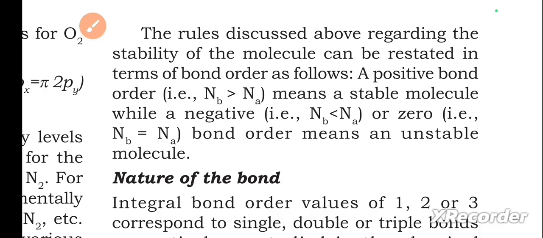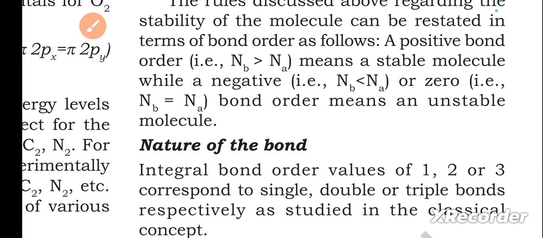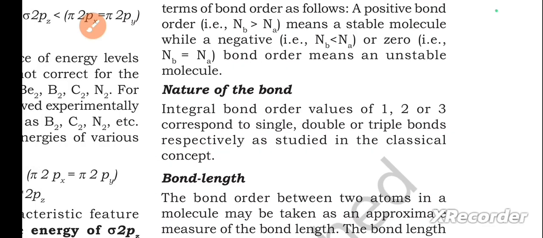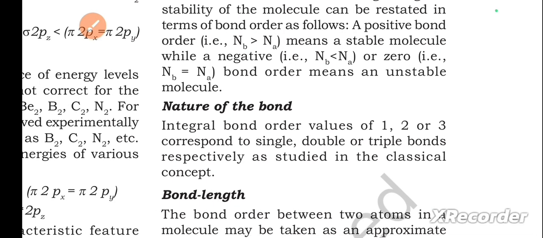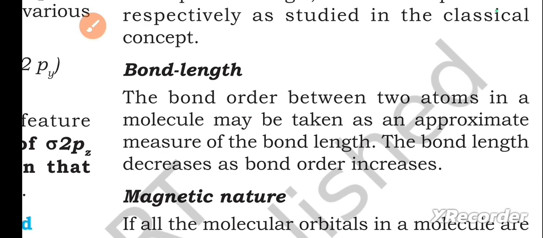A positive bond order means a stable molecule, while a negative or zero bond order means an unstable molecule. Next, nature of the bond. Integral bond order values of 1, 2 or 3 correspond to single, double or triple bonds respectively, as studied in the classical concept.